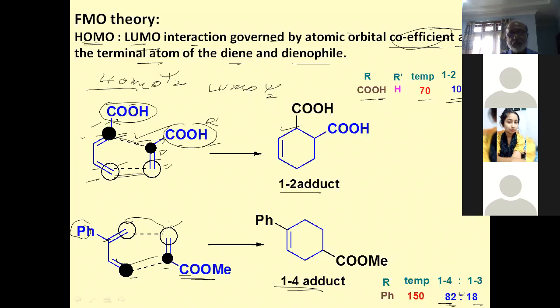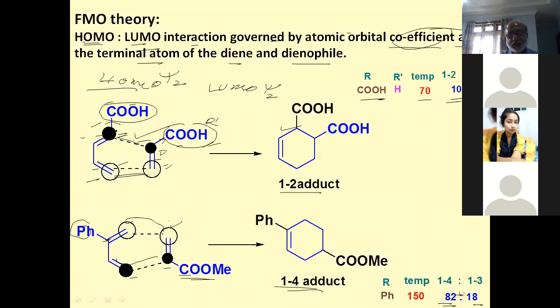And electron withdrawing in case of dienophile also, we will get a delta plus. Just a minute. What does delta plus mean? Electron density has decreased.